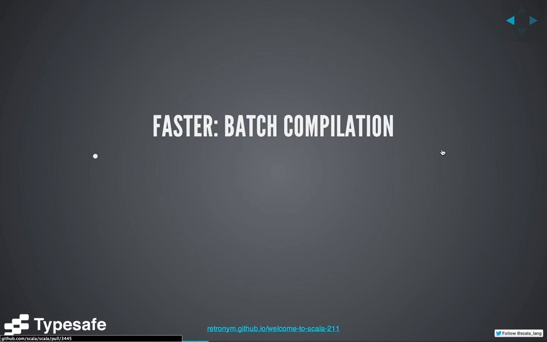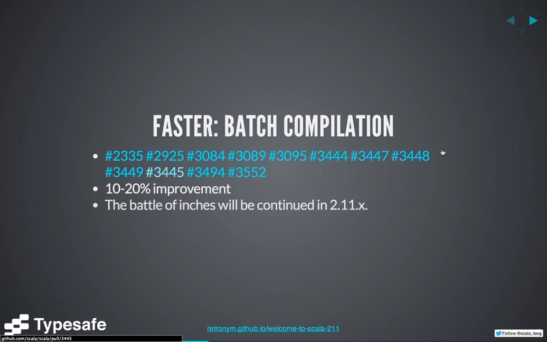So in Scala 2.11.0, we've started this process. I've got links here to pull requests which contain multiple patches in each of these that are fighting for these inches of performance. My measurements in benchmarking the compilation speed of a small sample project, the Scala decompiler, showed 10 to 20% improvement, more so in warm compilation where we're reusing a symbol table.